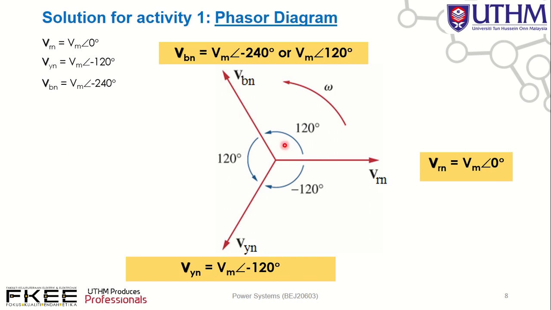In other words, the angle equals positive 120 degrees. Same. So sometimes we write VBN equal to V angle positive 120 degrees. Don't be confused, minus 240 and positive 120 degrees for VBN have the same meaning.